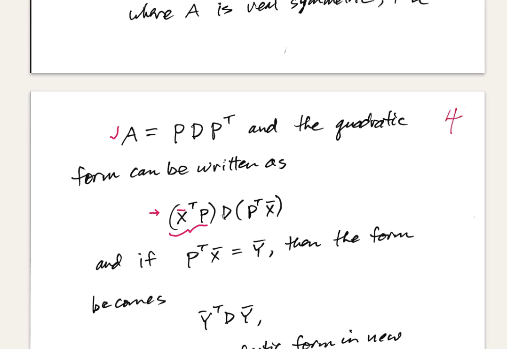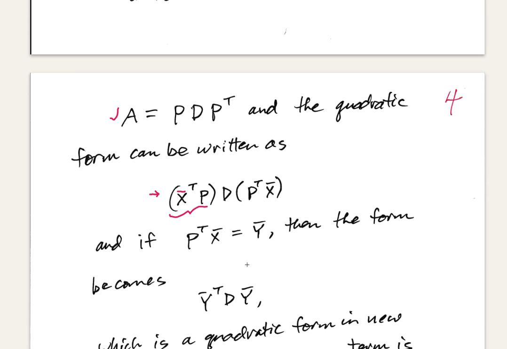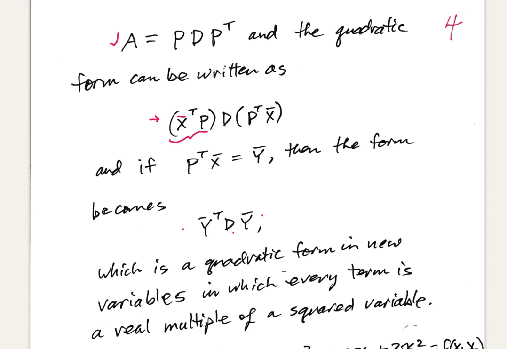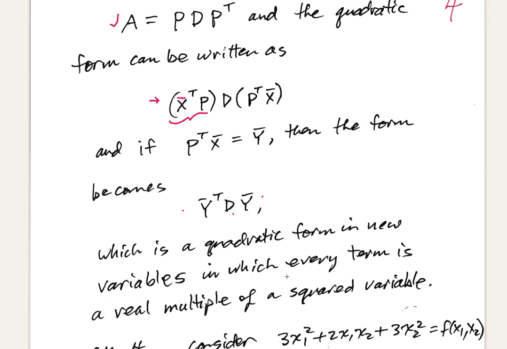That would be x bar transpose P. In other words, the quadratic form would be y bar transpose D y bar, and that would be a quadratic form in the form that we want. Every term is a real multiple of a squared variable, because D is diagonal. So that's it.